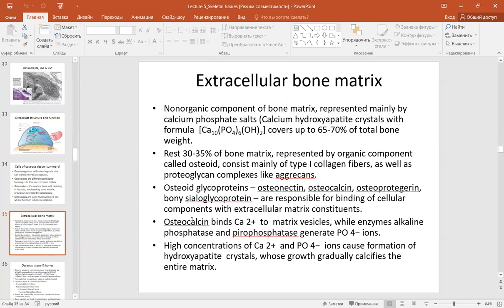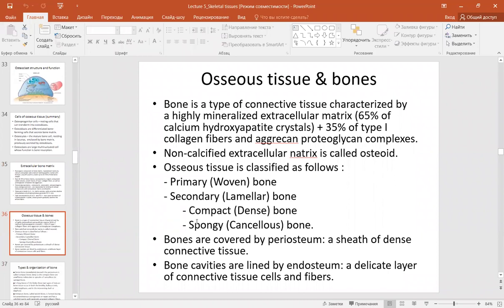Osteoblasts bind calcium ions to matrix vesicles, while the enzymes alkaline phosphatase and pyrophosphatase generate PO4 ions. A high concentration of both calcium ions and PO4 ions causes formation of hydroxyapatite crystals, whose growth gradually calcifies the entire matrix.